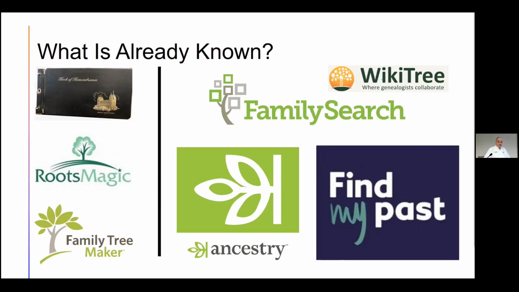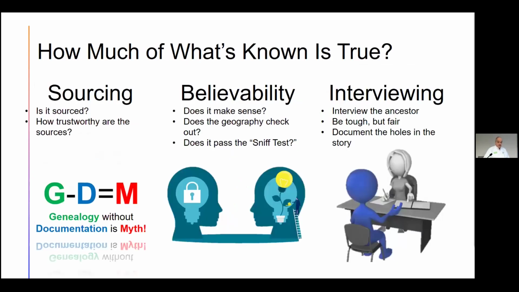So you see, you first find out where you want to go, and then what's out there on the people. And now is where you try to find out how much of what's out there is true. Where is it sourced? Sources are the big part here. They haven't always been a priority for people doing family history research.